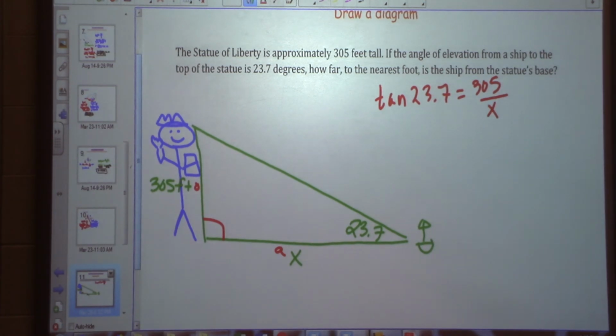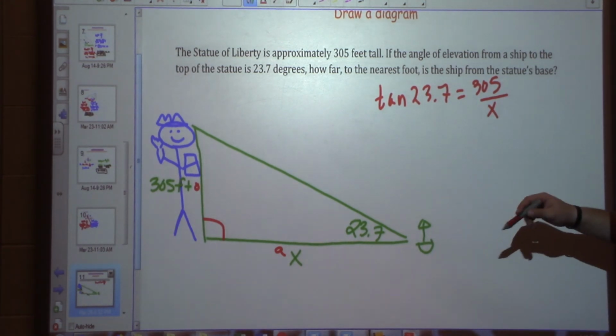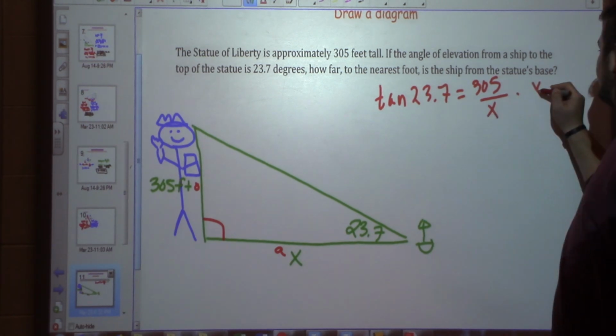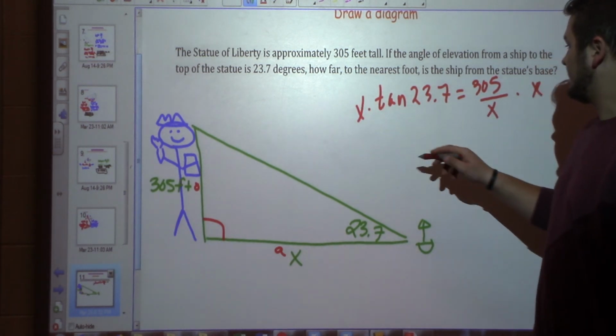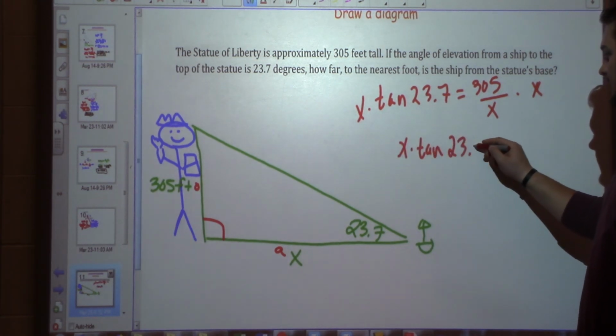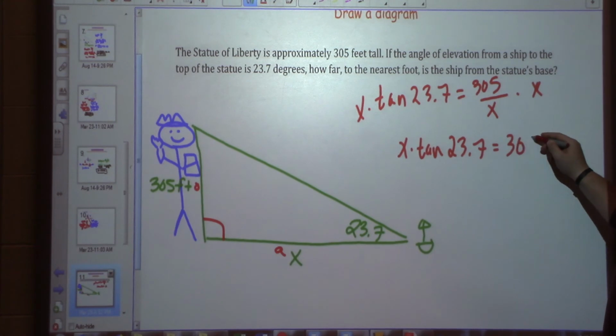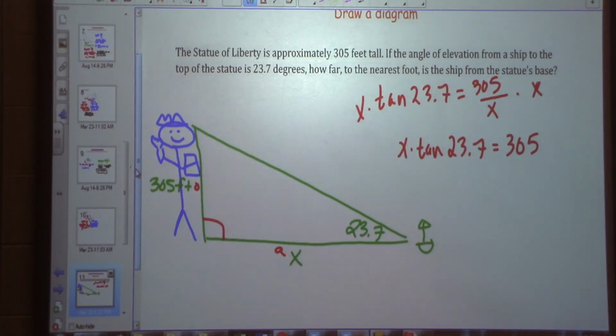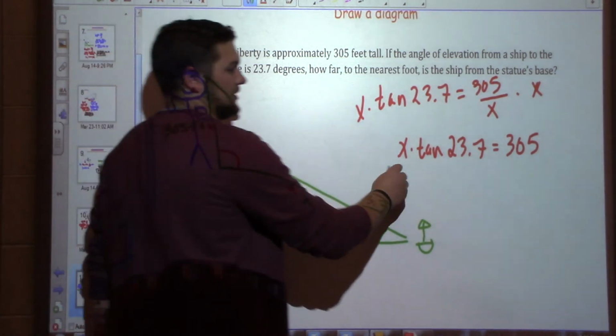Well, you times by X on both sides. So, X times tangent of 23.7 equals 305. And then divide by tangent of 23.7. Good.